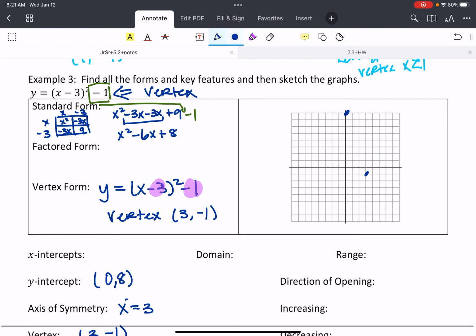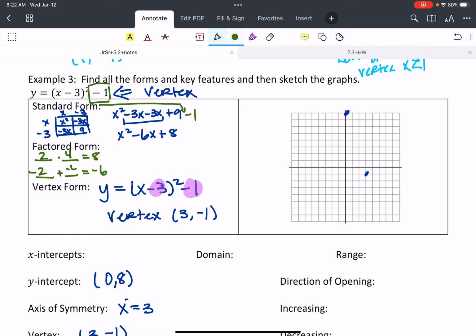All right, so then factored form, we got to factor that thing. So let's do our puzzle. So blank times blank is 8, and blank plus blank is -6. Well, what do you guys think? It's 2 and 4. Good job. And then we're going to make them both negative to get to -6.